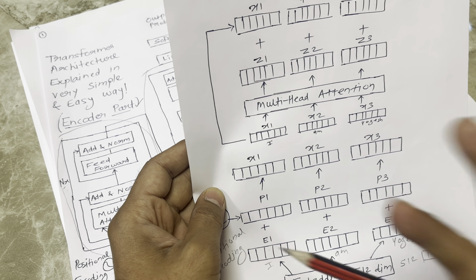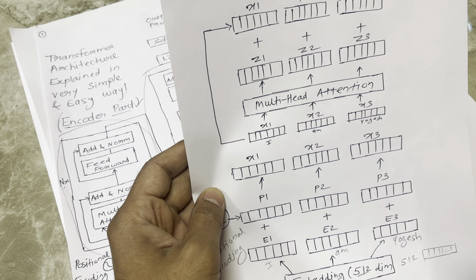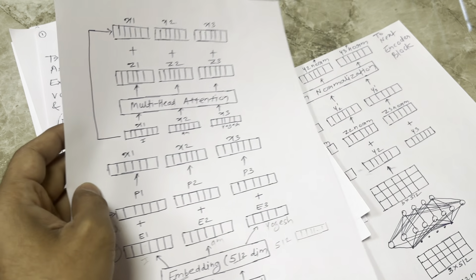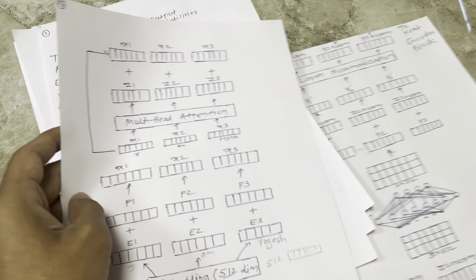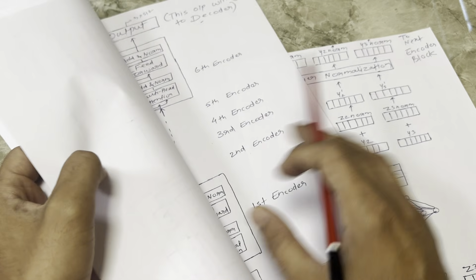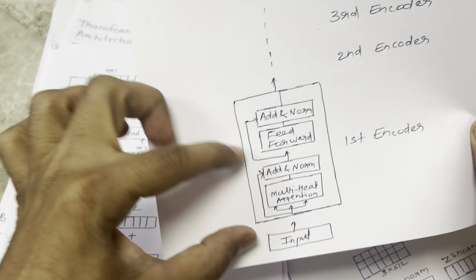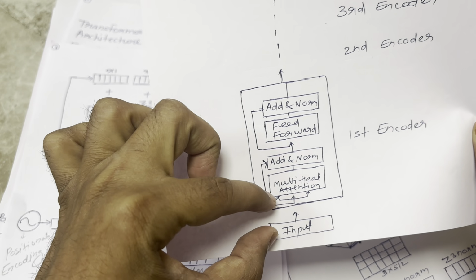Now these 3 vectors x1, x2, x3 enter the first encoder block. It means the previous diagram which I showed you, this one. These x1, x2, x3 will enter this block, because now everything related to input operations is done.